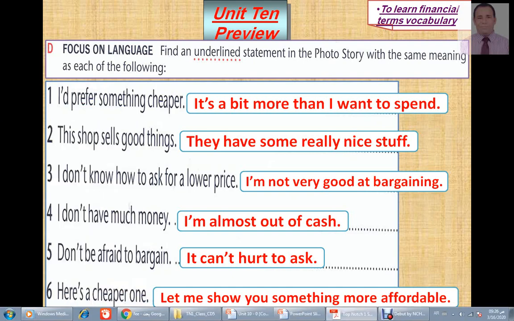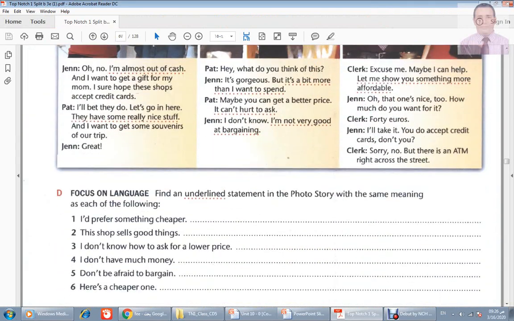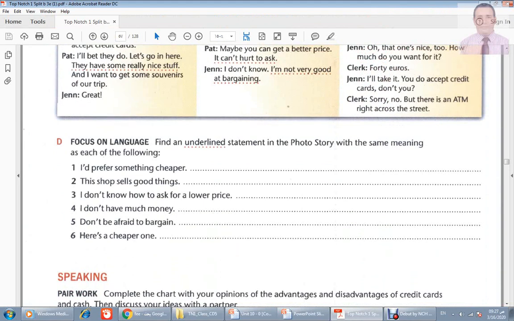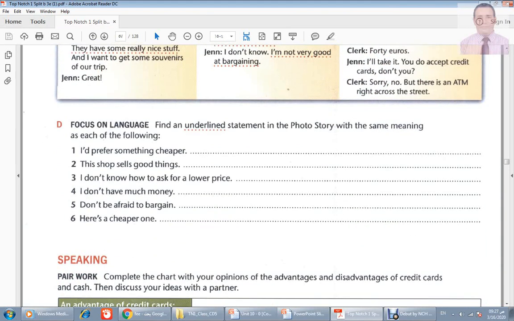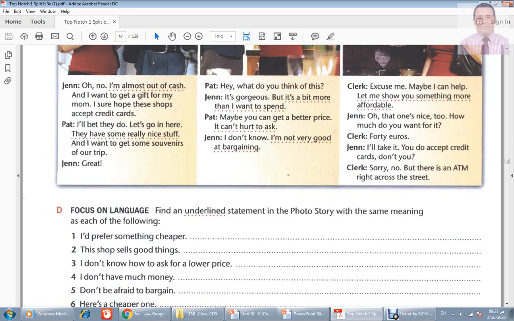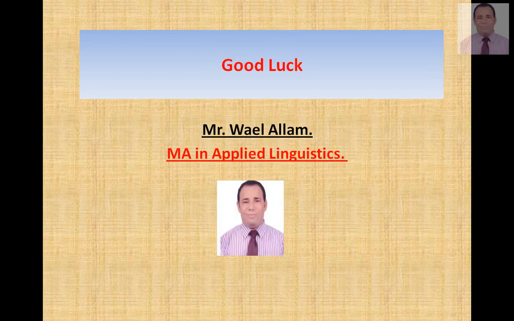Okay guys, this exercise was about how to use the expressions to give the same meaning. Okay guys, that's it. Just to sum up what we learned today: we learned some expressions in the first story, and you have to learn them and try to practice using them in your speaking and writing too.